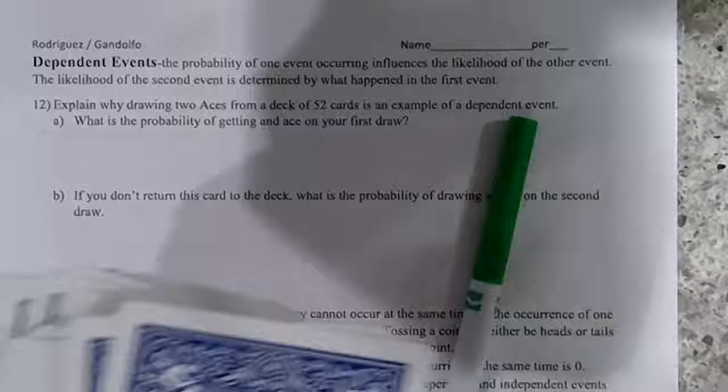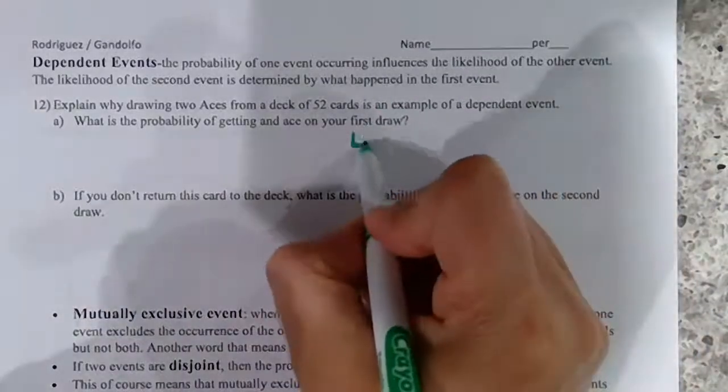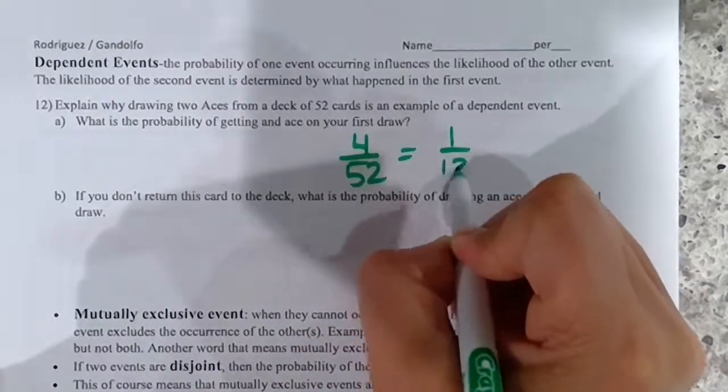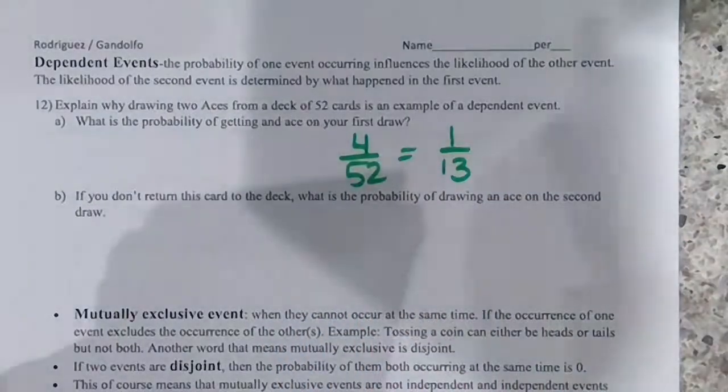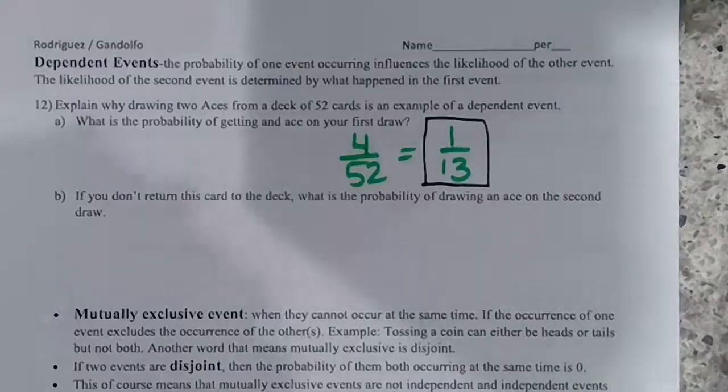Again, there are 4 aces in a deck, 1 for every suit. So 4 out of 52, or 1 out of 13 when reduced. And again, this is going to seem easy to you, but later on there are some details, so just make sure you're listening to all of it.